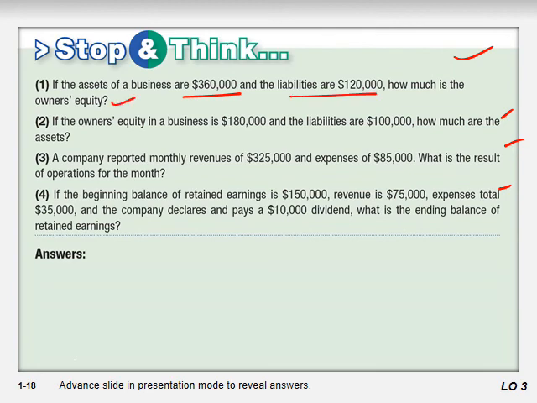You know that assets equal liabilities plus owner's equity. So you have assets and liabilities, and you want to find the owner's equity. Can you find it? Yes, we can, and here is the answer. If your answer is 240,000, then you are in good shape.